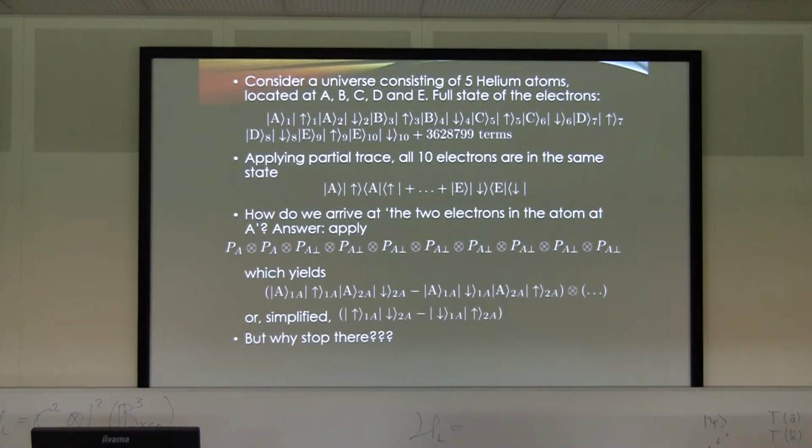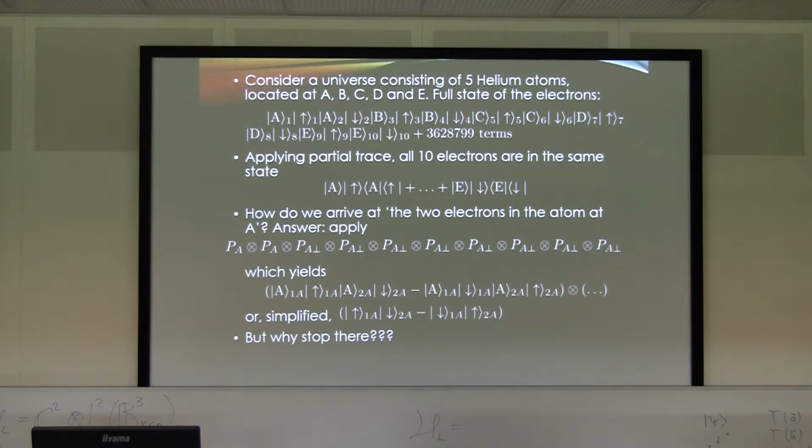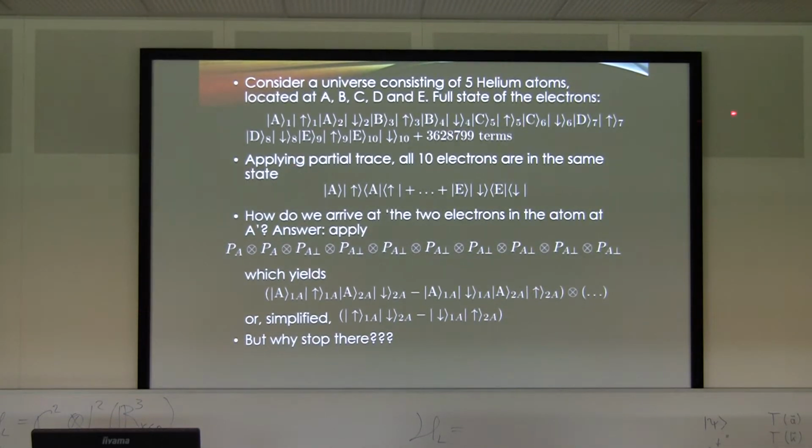Yeah, but I cannot be completely convincing now, because I don't have this explicit in my head. But you do agree that going from this to this is fine, right? If we have a state like this, then talk about the 2 electrons of atom A. That's what we do all the time.